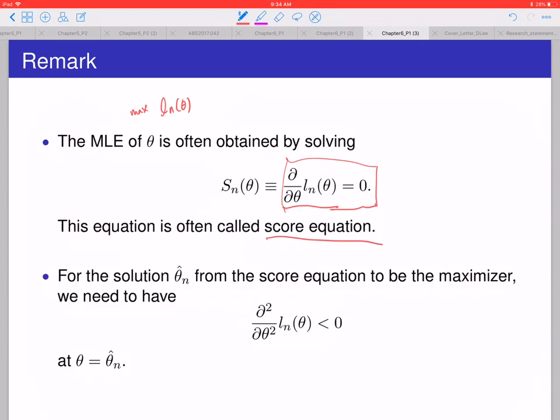To be rigorous, the sign of the slope is supposed to decrease, so that's how you need to have this. But this will hold for any density function.